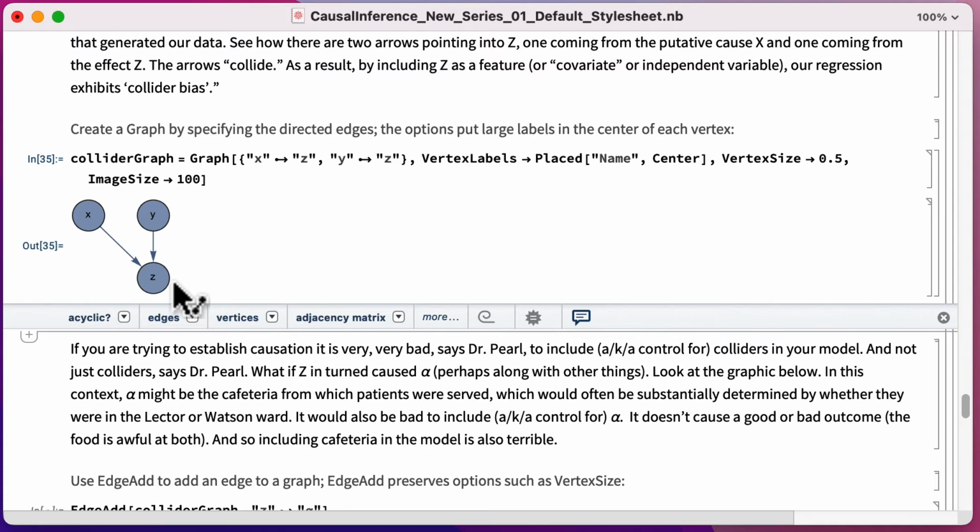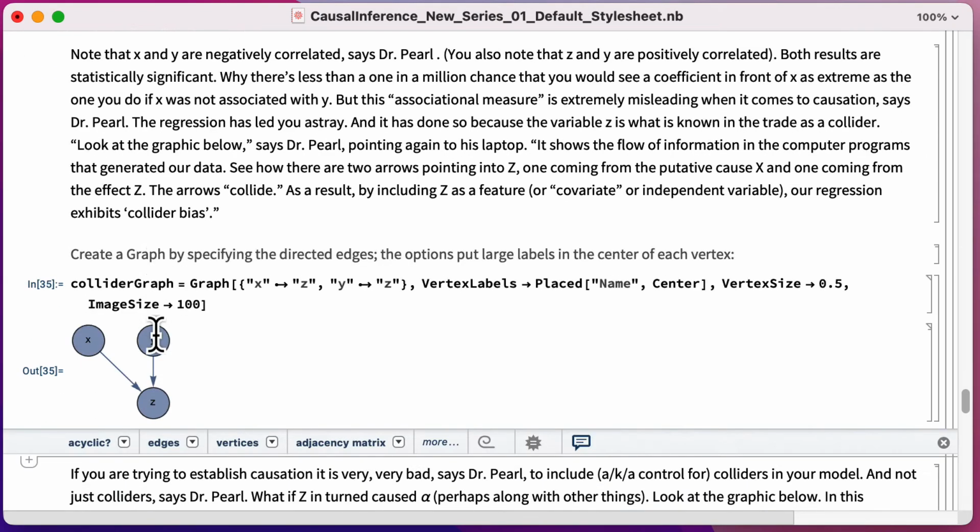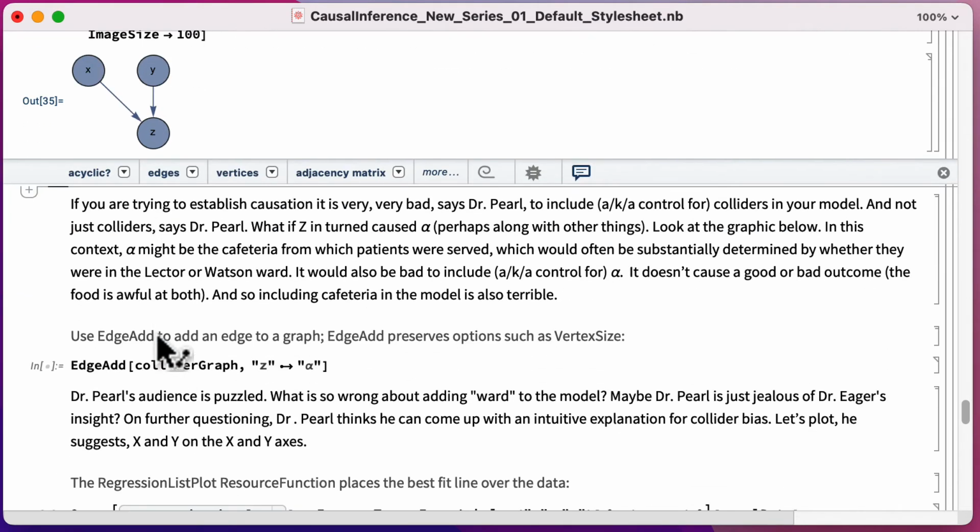And, says Dr. Pearl, it is very, very bad in statistical analysis to control for colliders in a regression. Z is a collider. And by controlling for it, which we did when we included it as an independent variable in our regression, we mucked everything up.